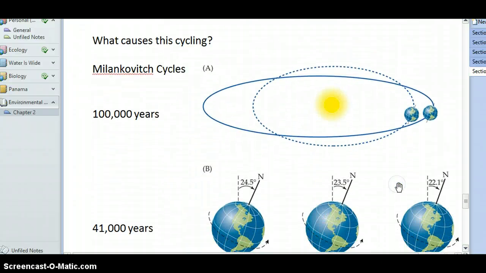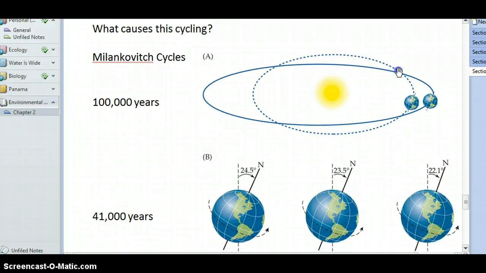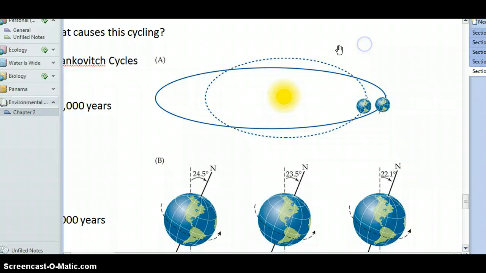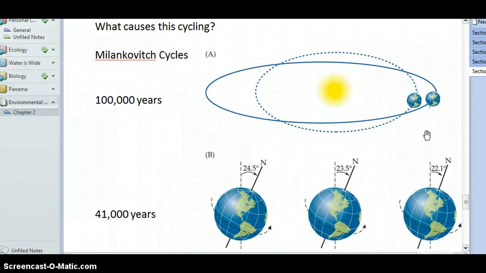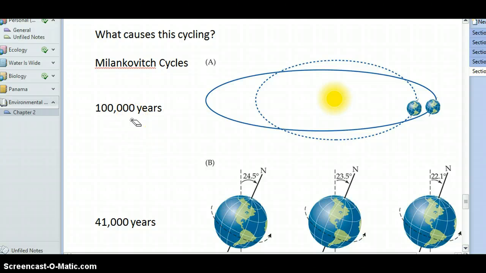Well, the primary thing is what are known as these Milankovitch cycles. They're named after a person named Milankovitch, who figured that they exist. The first one has to do with Earth's orbit around the sun, and this is sometimes described as the eccentricity of Earth's orbit.